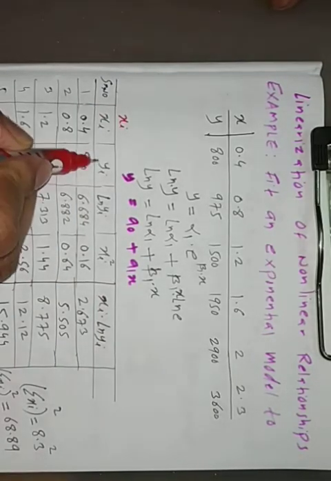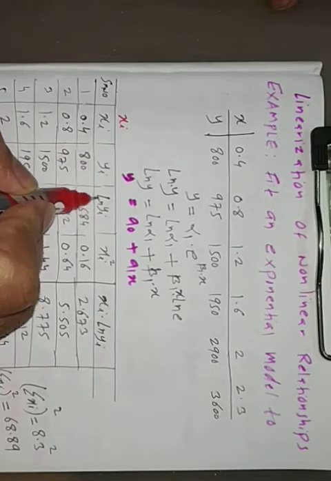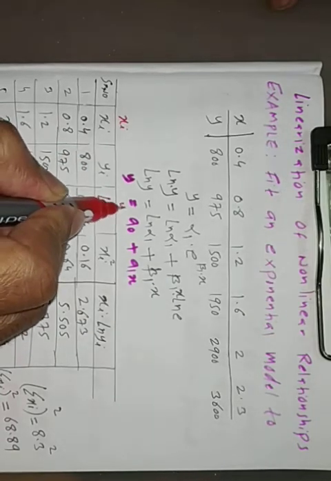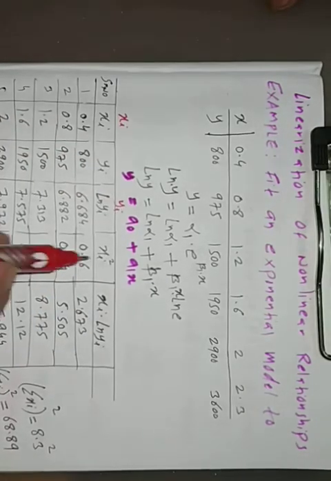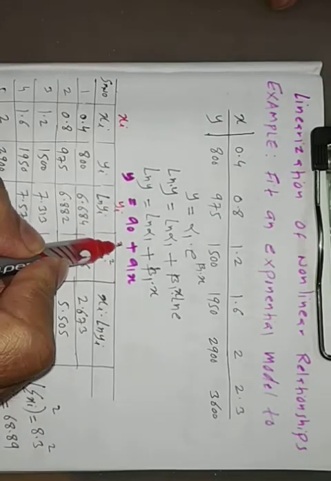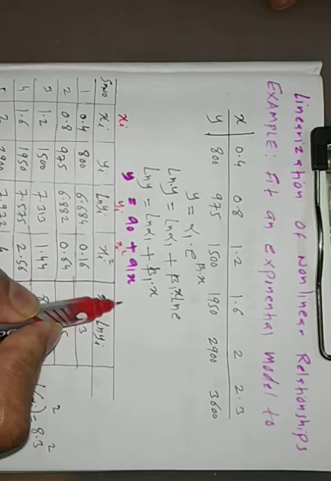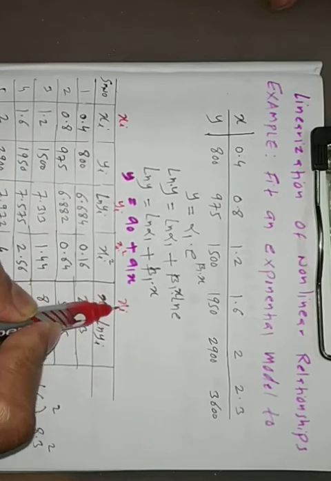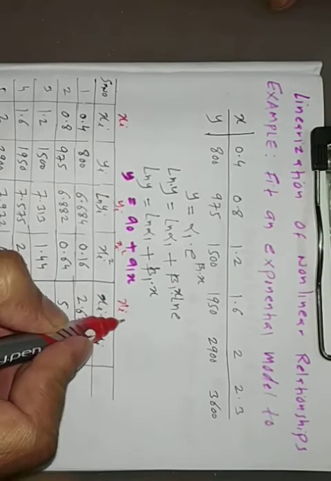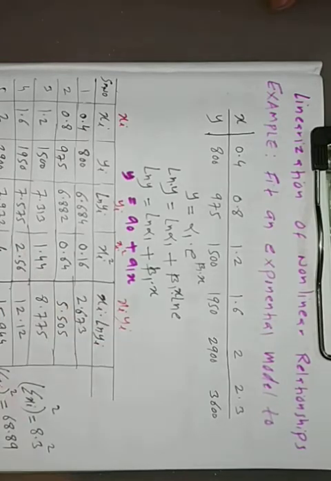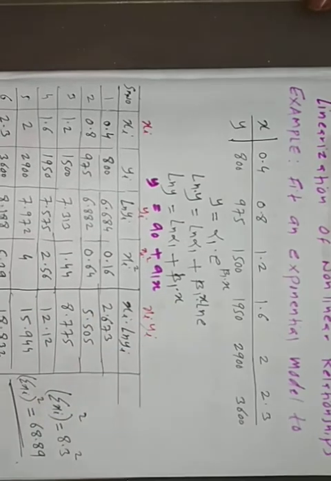Okay, yi we are not going to use. Ln of yi is our yi. Okay, and this xi square is xi square, and here xi into ln yi is our xi into yi, which we use in our equations.